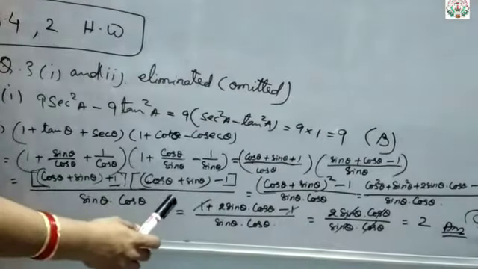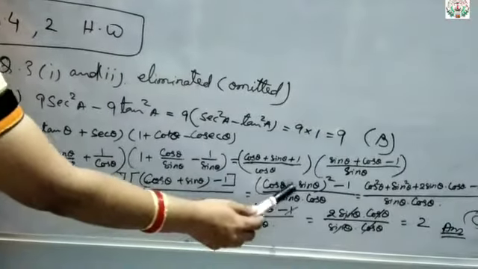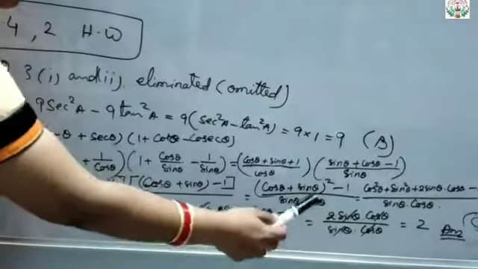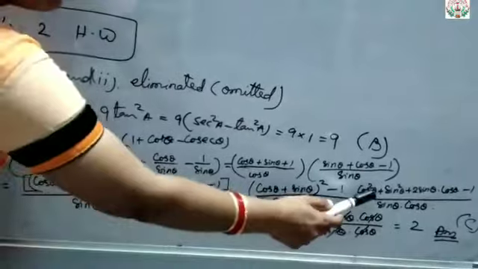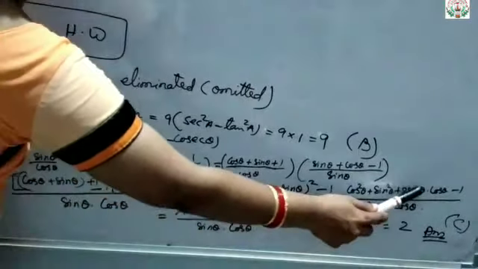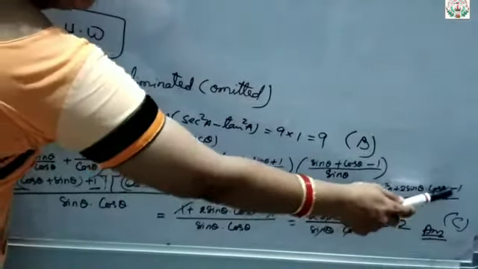A square minus B square means cos theta plus sin theta whole square minus 1 square, and 1 square is 1 only. Now put the formula for A plus B whole square: cos square theta plus sin square theta plus 2 sin theta into cos theta, minus 1.